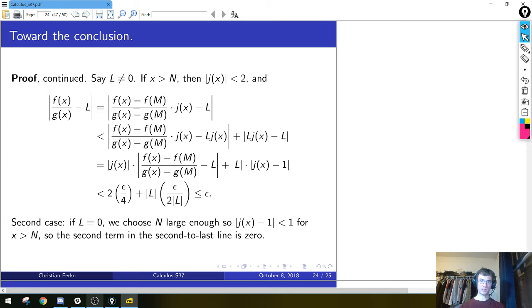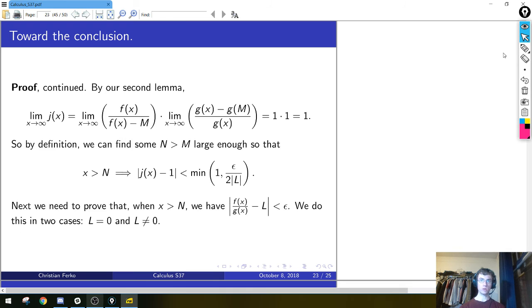That's just a tedious calculation, though. So again, let's split it into two cases. In the case where L, the limiting value, is not 0, then let's just calculate. If x is bigger than the n that we picked, notice that that means j of x must be less than 2 in absolute value. Why is that? Because the absolute value of j of x minus 1 is less than the min of 1 and epsilon over 2L, so this could be at most 1.